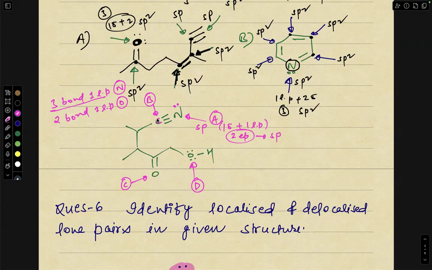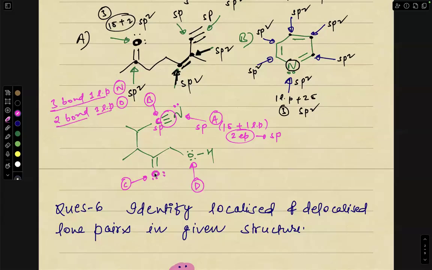What about the carbon? Yes, carbon again. I told you, whenever 2 pi bond, that means sp. So triple bond have 2 pi, so it would be sp. What about this oxygen? Okay, let me know how many lone pair are on this oxygen. Yes, because oxygen can form 2 bond, which means 2 lone pair.